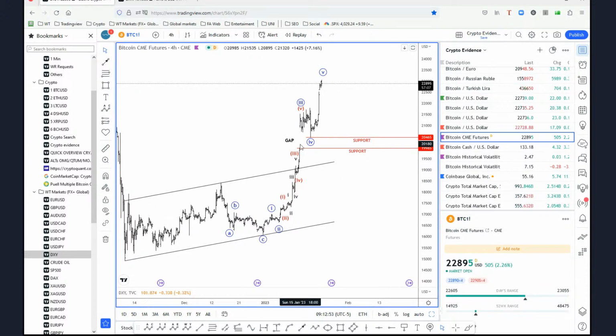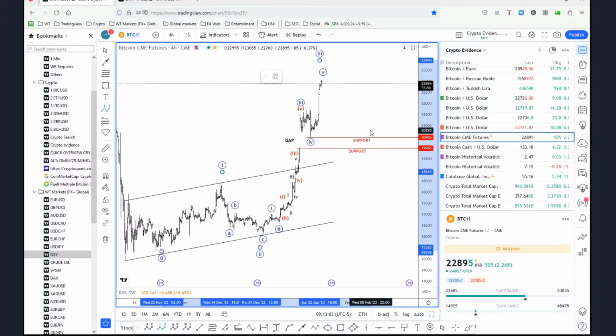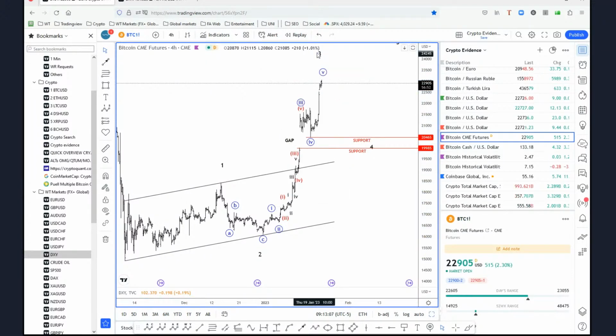Also, the gap was not fully filled, so I still think that this could be quite attractive and interesting after the next pullback.